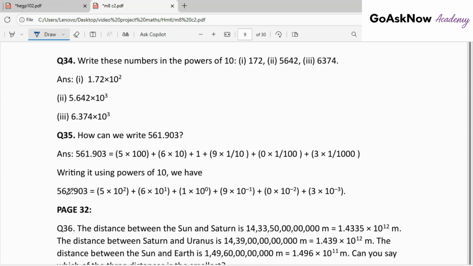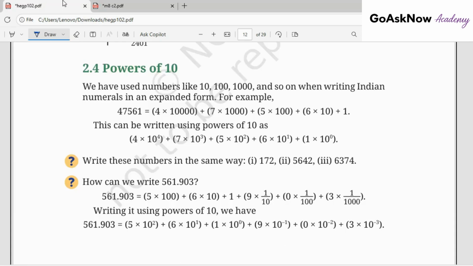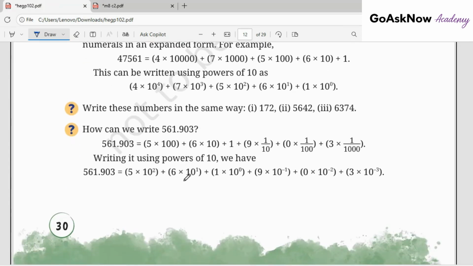This can be written this way. 100 is taken as 10 power 2, 10 is 10 power 1, 1 is 10 power 0, 1 by 10 is 10 power minus 1, 1 by 100 is 10 power minus 2, and 1 by 1000 is 10 power minus 3.